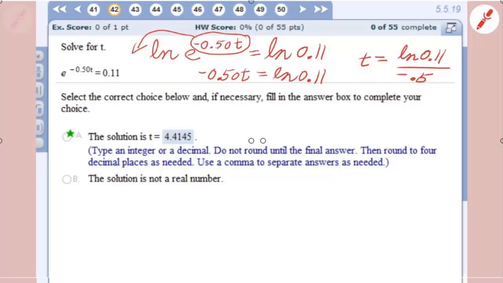All right, let me put this in my calculator and see if I agree with this stated answer. ln 0.11 divided by negative 0.5. Yes, my answer agrees with the answer given by my math lab.